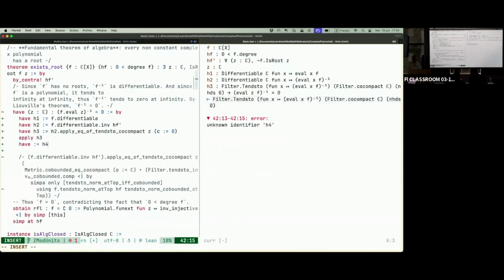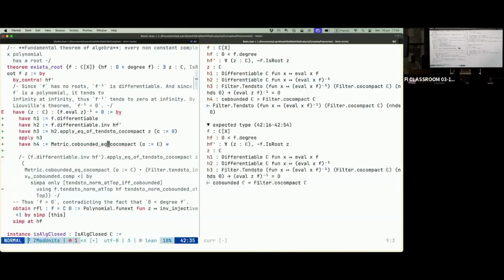So let's try metric. What does metric dot co-bounded equal co-compact say? And probably I made a mistake. Yep. So that's, well, it's a filter. Okay.